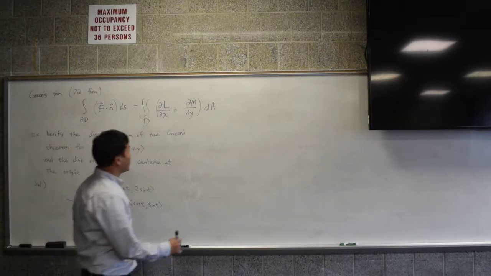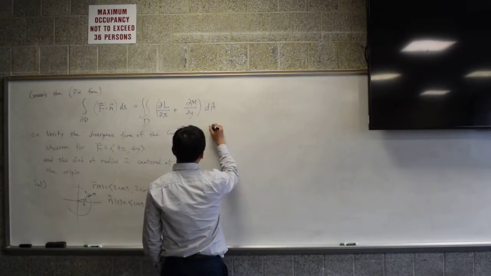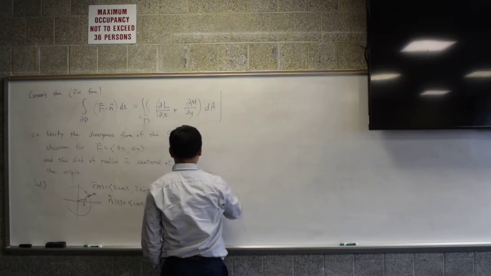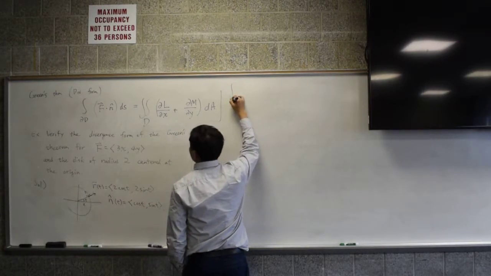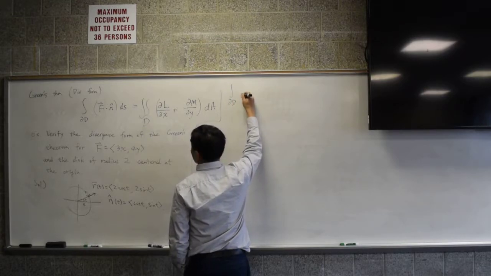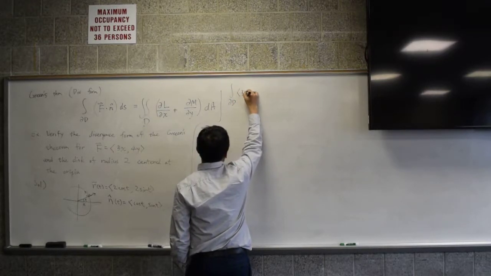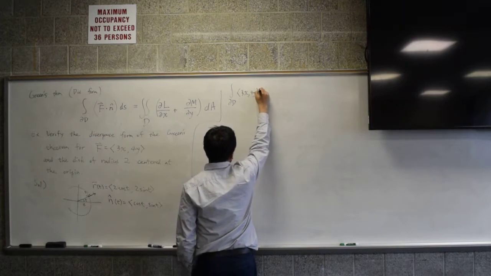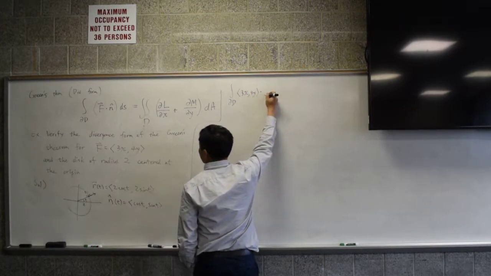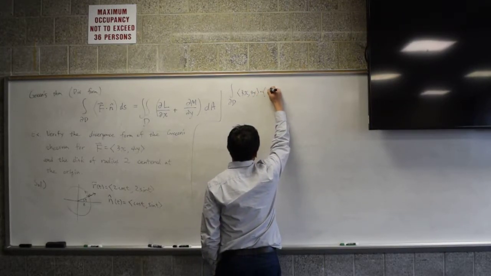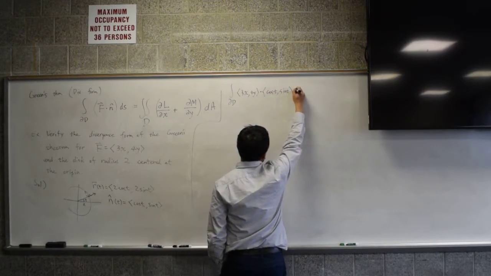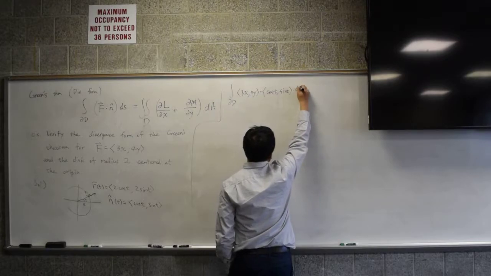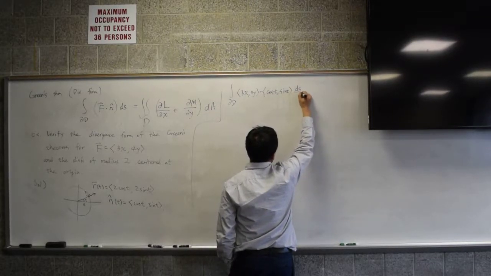Okay, now let's compute. The integral over the boundary of F, which is 3x, comma 4y, dotted with cosine t, comma sine t, times ds/dt.